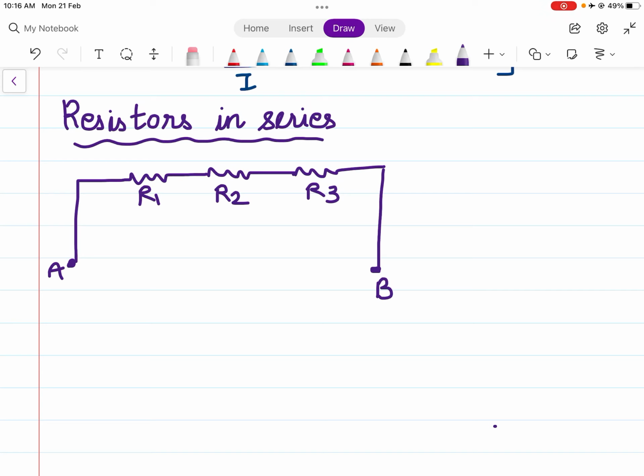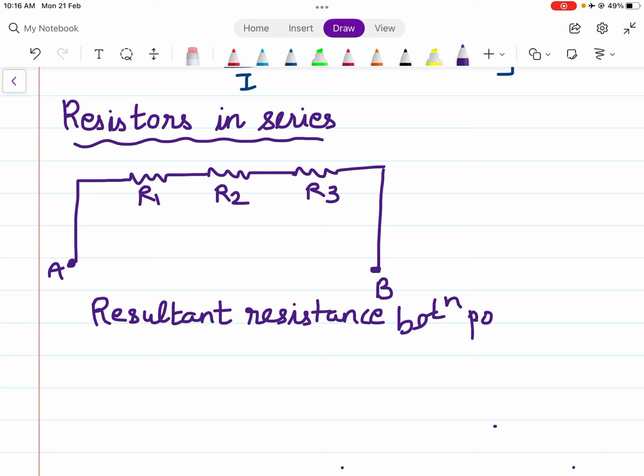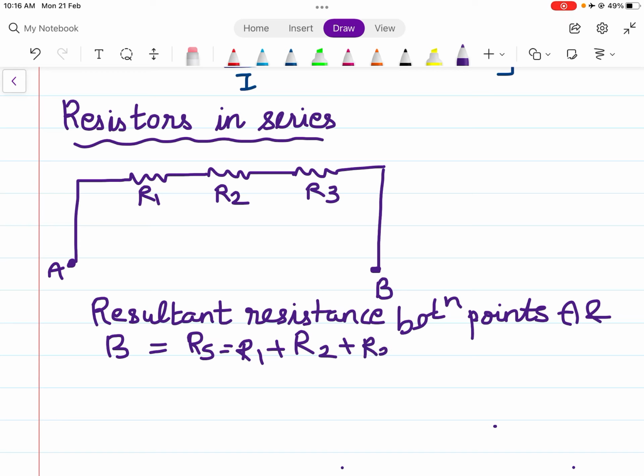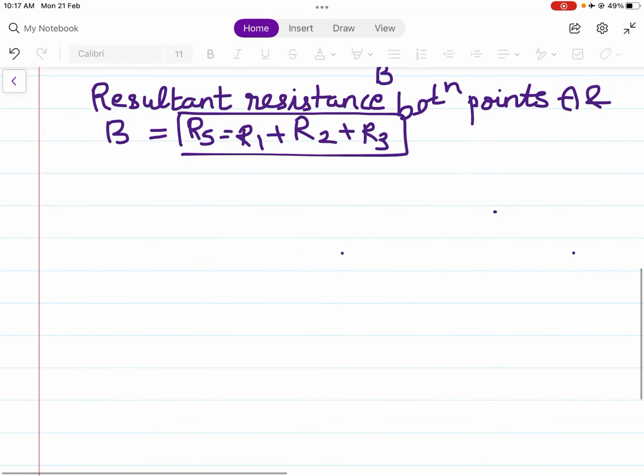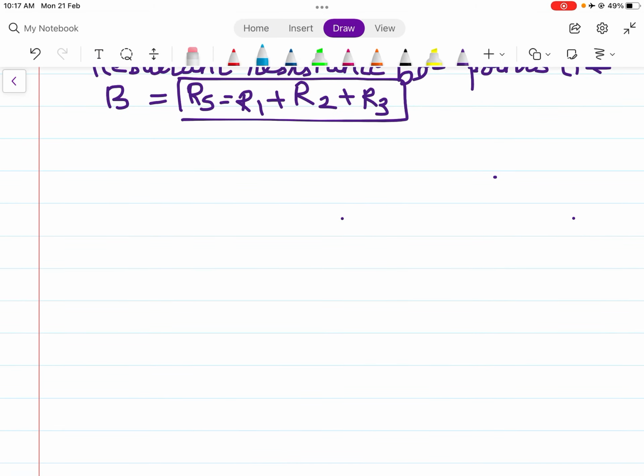So we say that the resultant resistance between points A and B equal to Rs, which is equal to R1 plus R2 plus R3. So the resultant resistance between the 2 points A and B is nothing but R1 plus R2 plus R3.